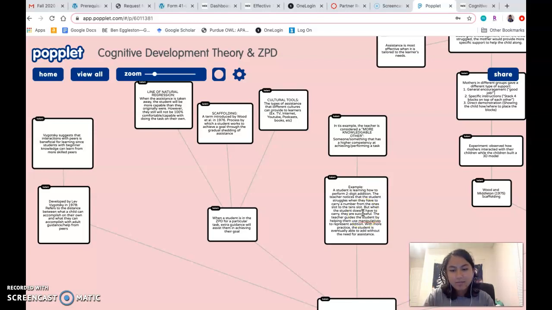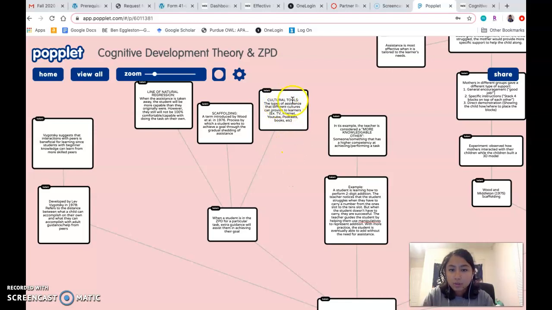I'm going to step back. The student now just has manipulatives. And then the teacher observes that the student is able to just do the addition, doesn't even need the manipulatives. Manipulatives are taken away. That's the idea of scaffolding: that the gradual shedding of assistance will help gauge and guide the student into independence.